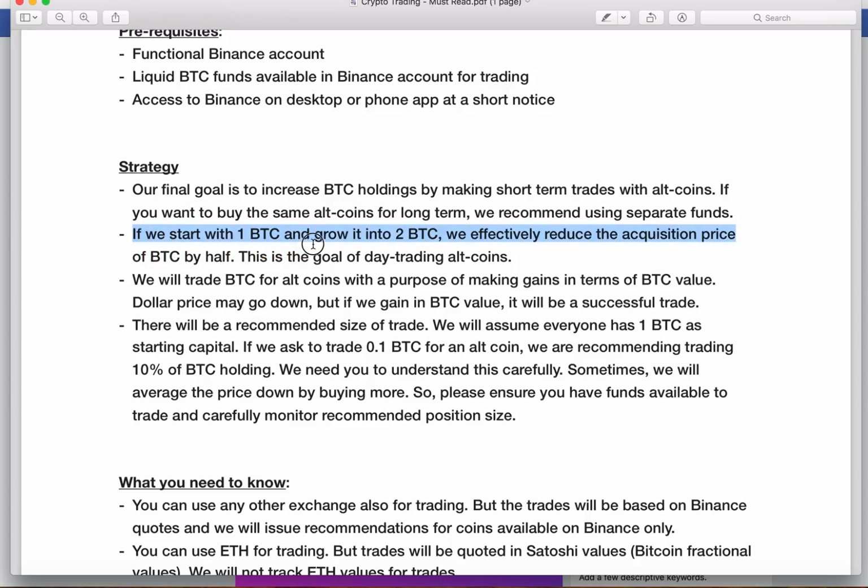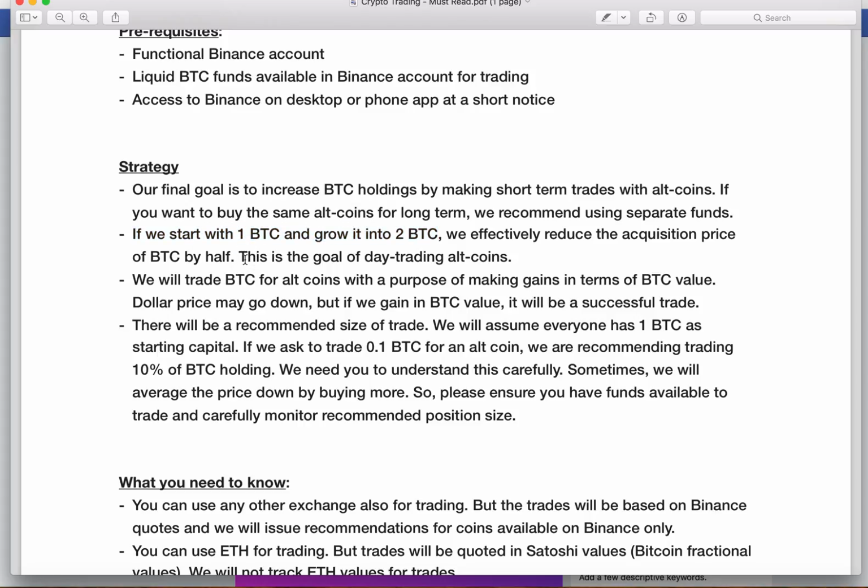For example, if we start with one BTC and we grow it into two, this is hypothetical, of course, but if we do that, we effectively reduce our buy price in US dollars by half, because you paid for one BTC and you're trading with other coins and generating more BTC. Again, this is the only goal we are going with.